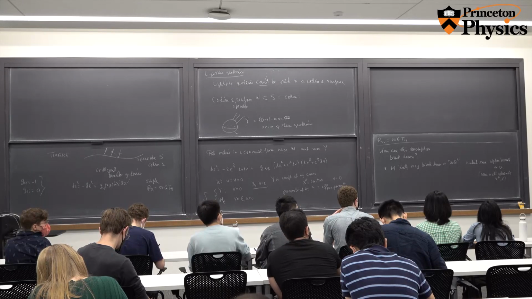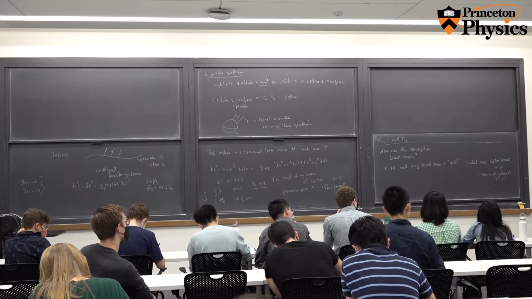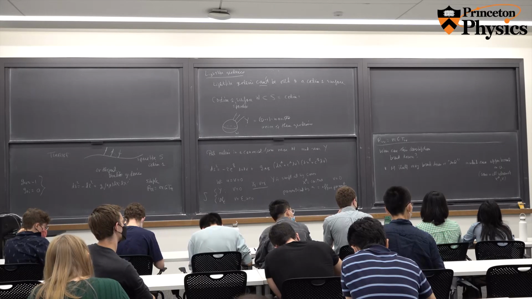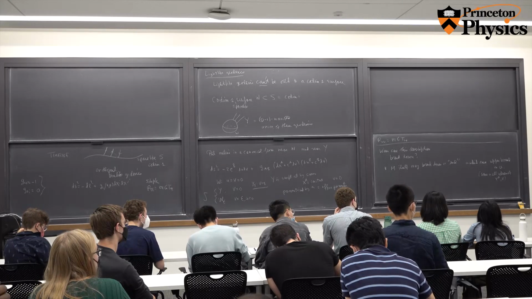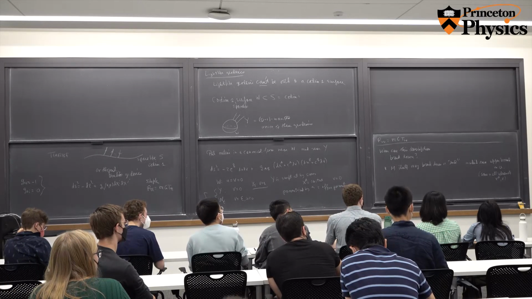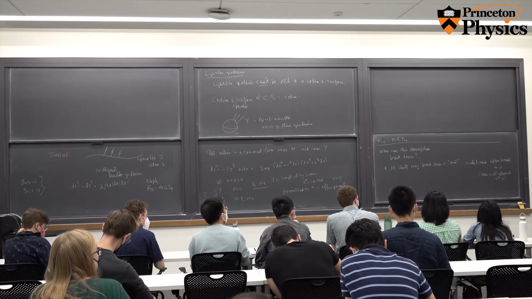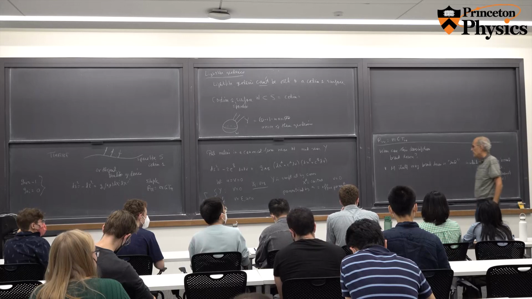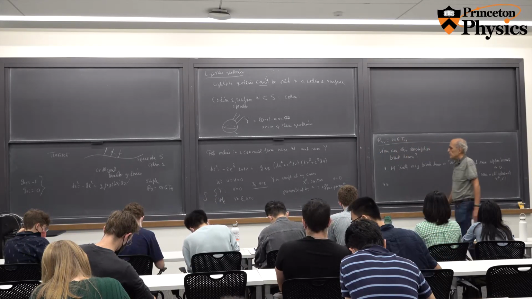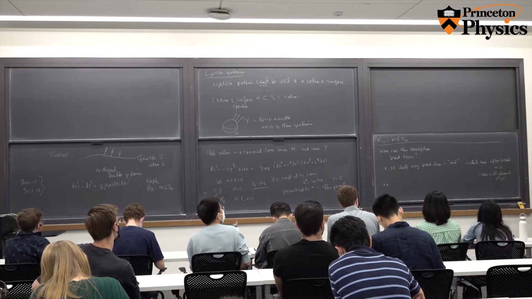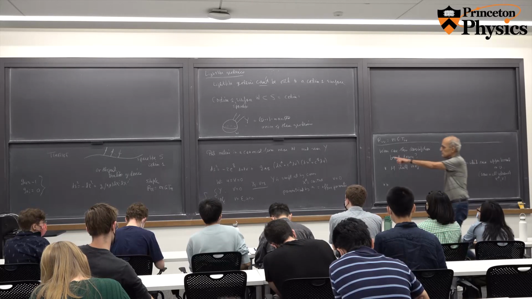So if a single null geodesic can't be made complete by solving the geodesic equation to all values of u, that's a signal of some kind of incompleteness or singularity of the space-time. The space-time might end, and in fact, we're aiming to prove that under certain conditions it will. So we need to be aware of that possibility. Now, as long as the space-time itself doesn't end, there's only one other thing that can go wrong, and it's the same thing that could go wrong in the previous case.